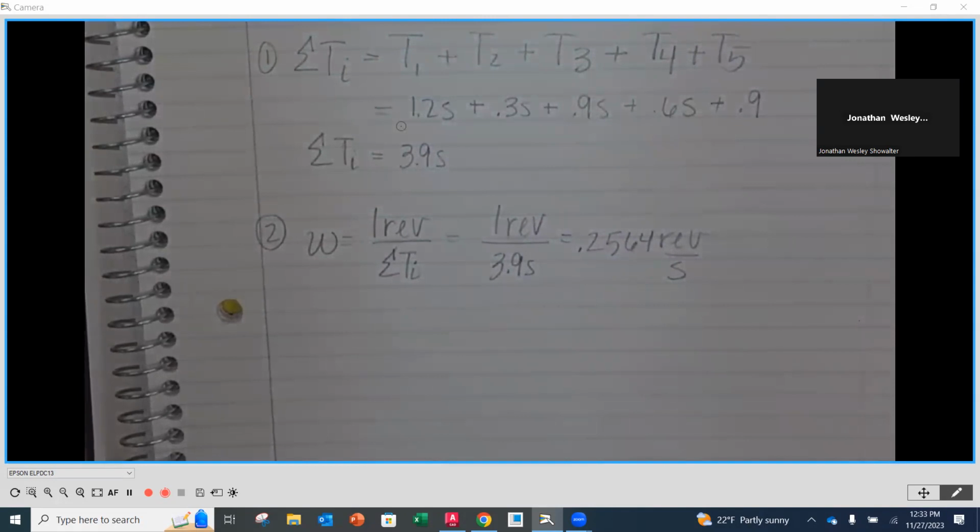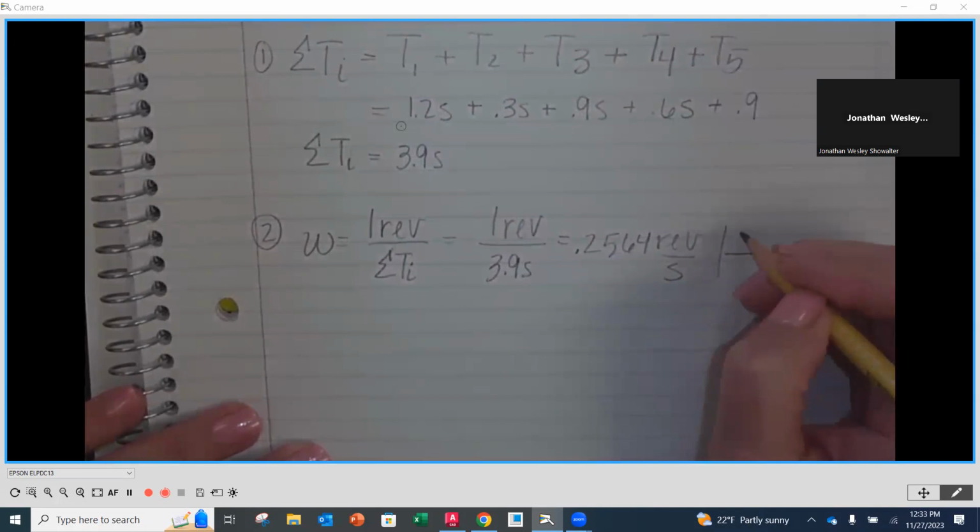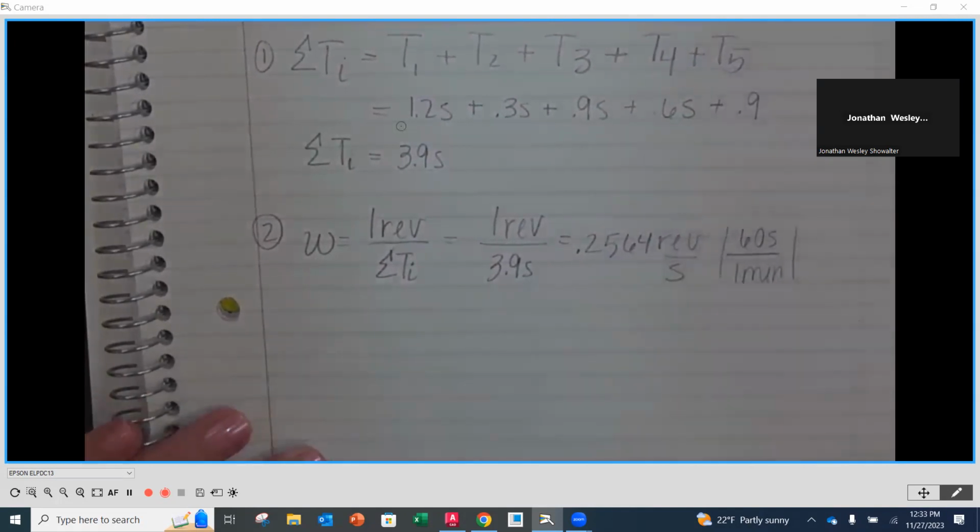because we're going to use it for our betas in a little bit. But we always want to convert this to RPMs because we have to know, maybe, what motor we have to get, or what our RPMs are going to be. So we always convert this to revolutions per minute. We know there are 60 seconds in 1 minute.